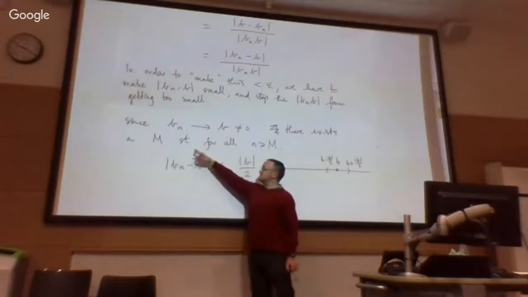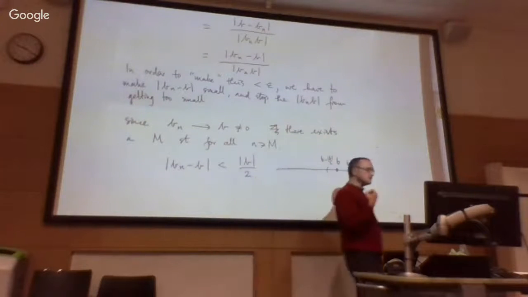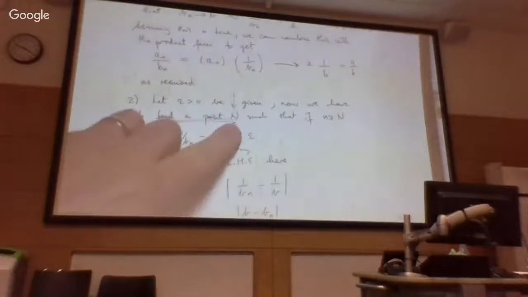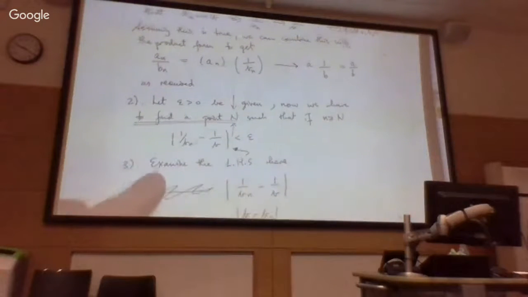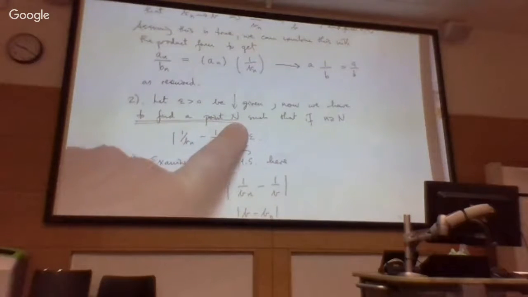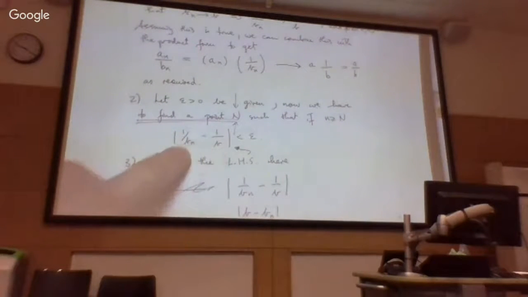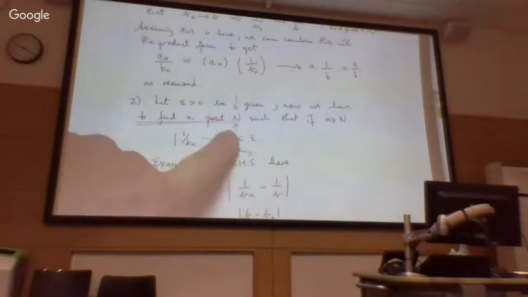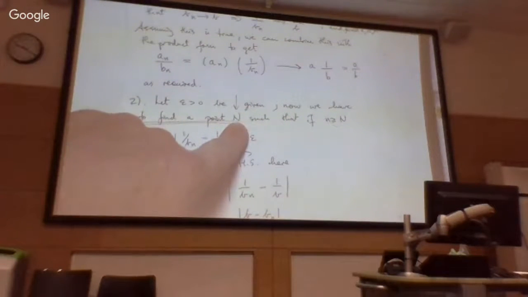So the existence of this point capital N comes to me from the definition of convergence for bn converges to b. Sorry? What's capital N? Capital N up here is the point that we have to find, which plays a different role: after that point capital N, this absolute value is strictly less than epsilon. So our mission in this whole thing is to give a recipe for constructing capital N.